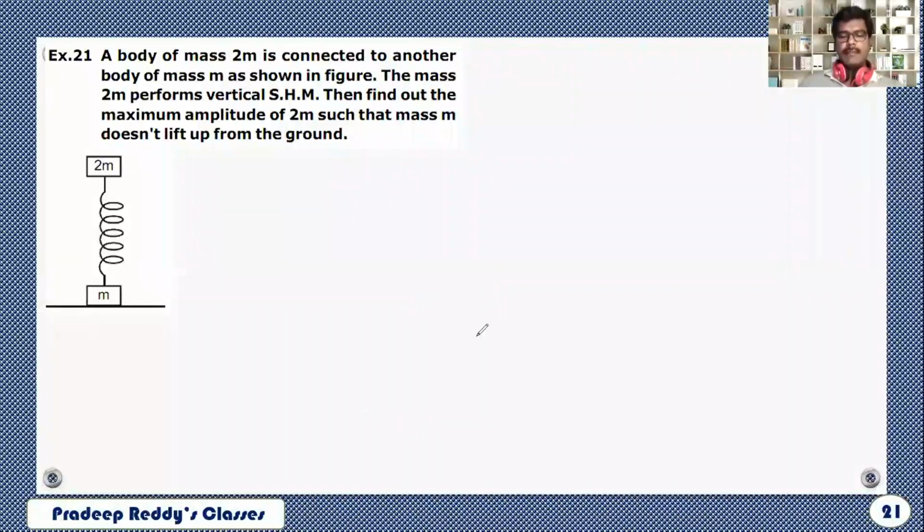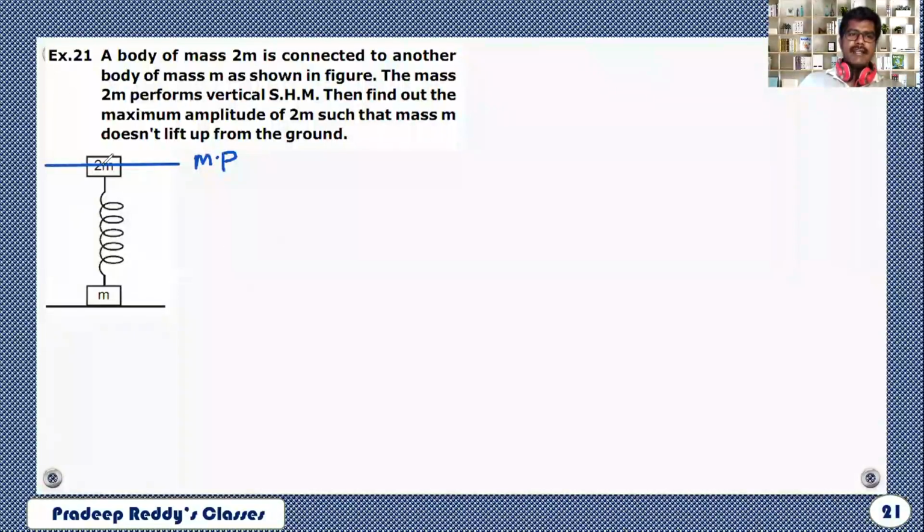Now analyze the practical situation. What actually happens is, say this is the mean position, like equilibrium. Upward force and downward force are both equal for this 2m mass. Both the masses are at rest.